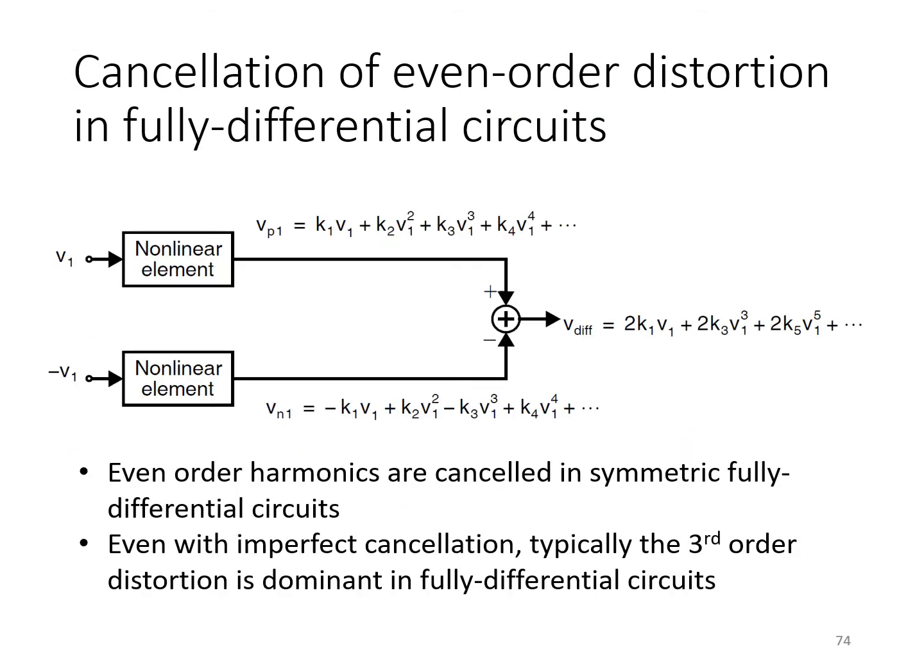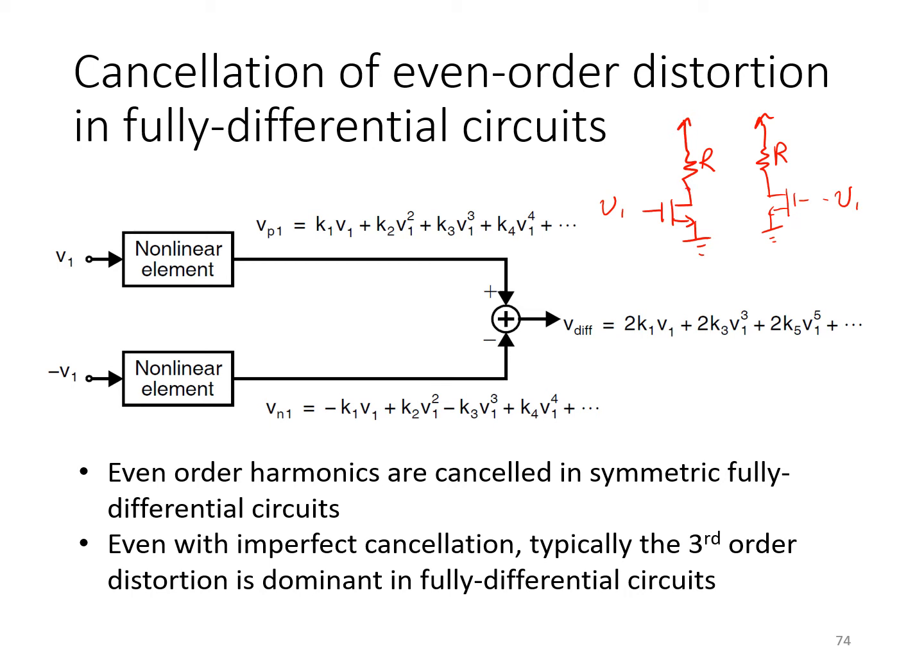Fully differential circuits are those for which the input is applied to one copy of the circuit. Let's say, for example, a simple common source amplifier, as shown here. And a negative version of the input is applied to a precise copy of the same circuit. So if our input signal is V1, we can apply negative V1 to a copy of the common source amplifier.